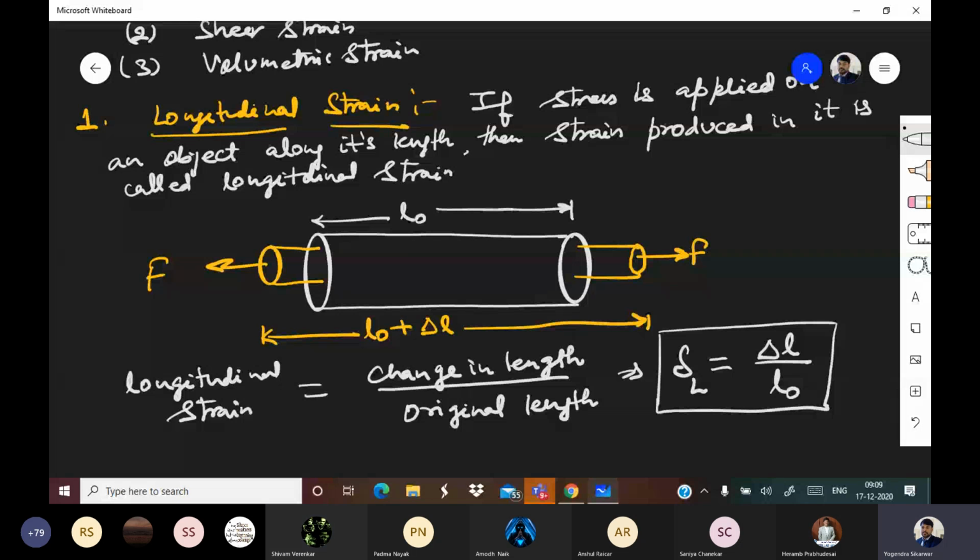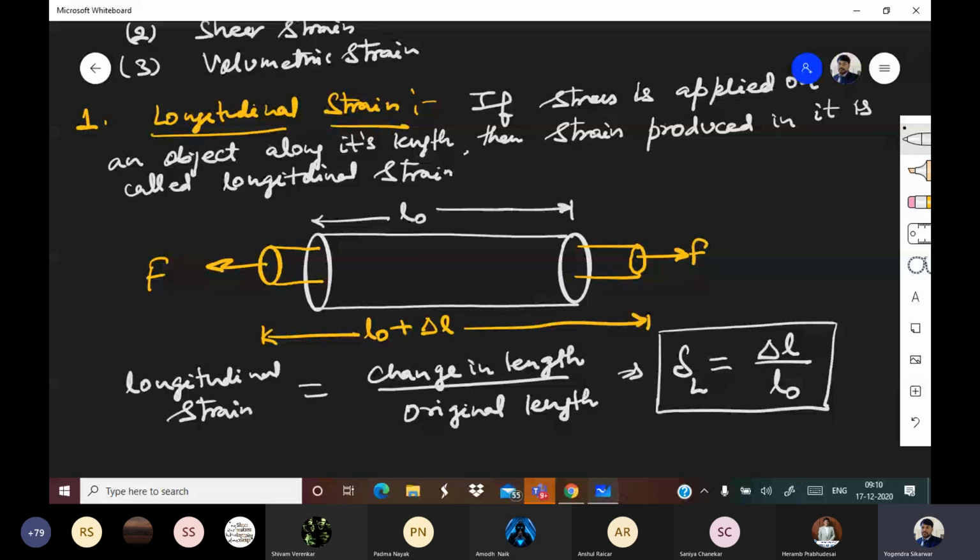Try to understand. Suppose I pull your hand, if I exert force on your hand and try to pull it, the force which I am exerting on your hand will cause stress in your hand. Stress will be developed in your hand, correct? And that stress will cause strain.